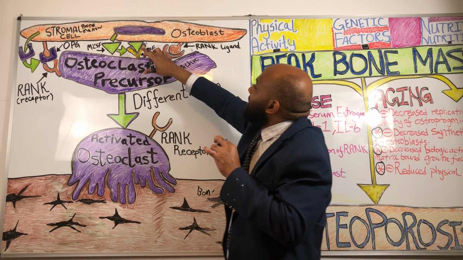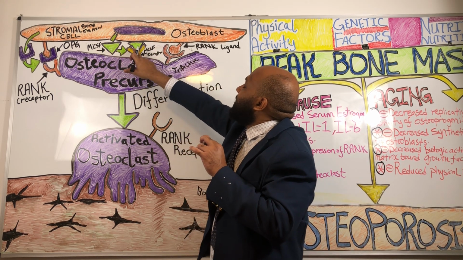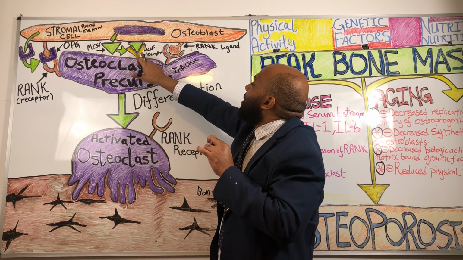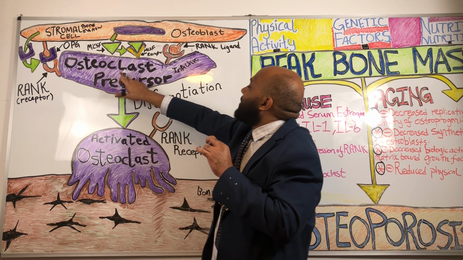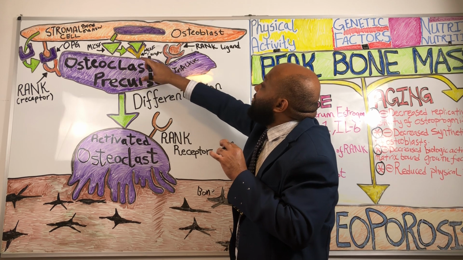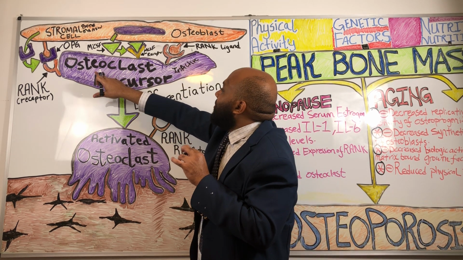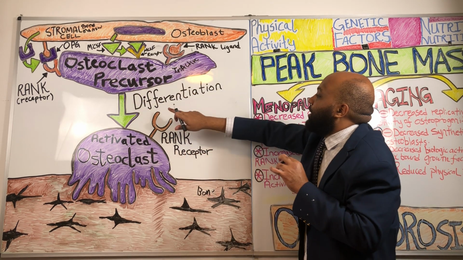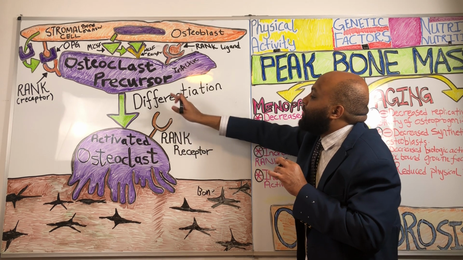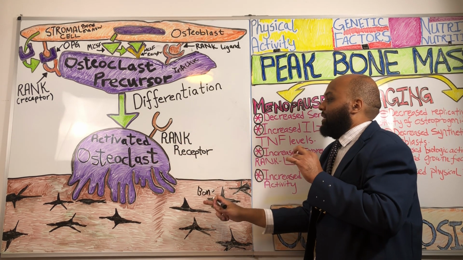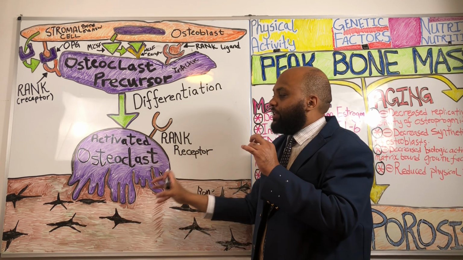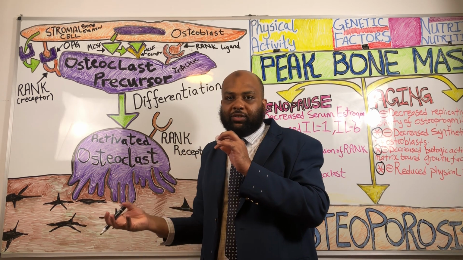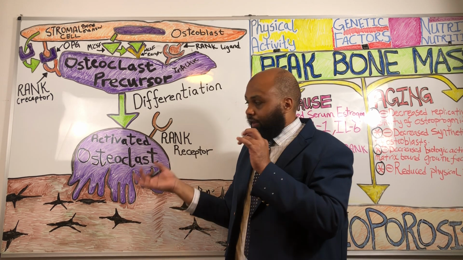The monocyte colony stimulating factor binds to its receptor on the inactive osteoclast precursor cell. That leads the osteoclast precursor to differentiate into an activated osteoclast. That activated osteoclast will now go into the bone and degrade the bone and liberate for us the calcium that we need.